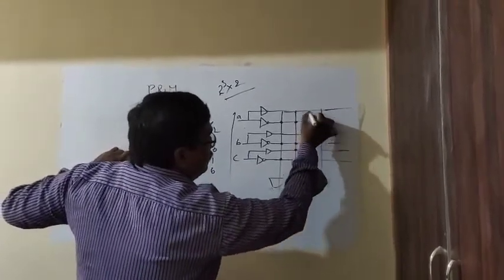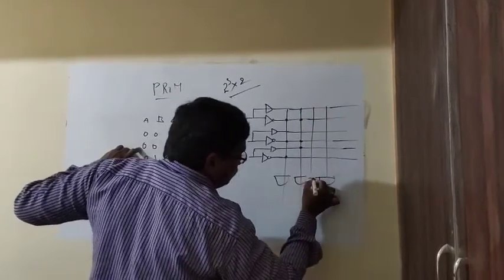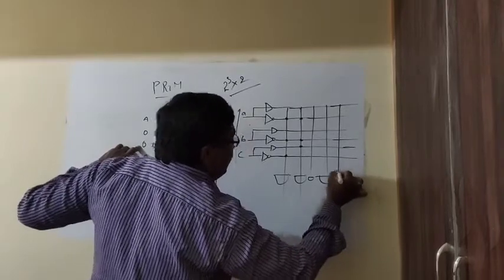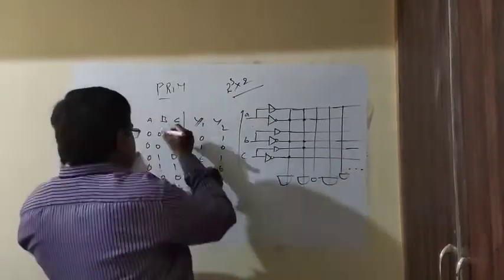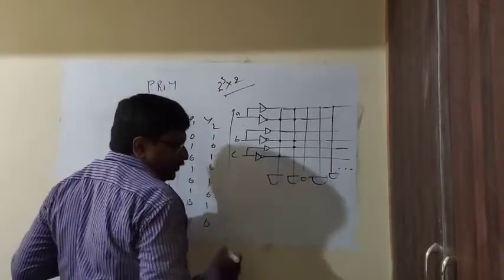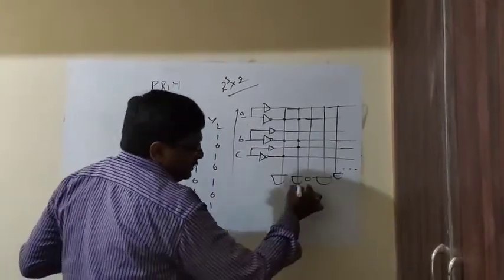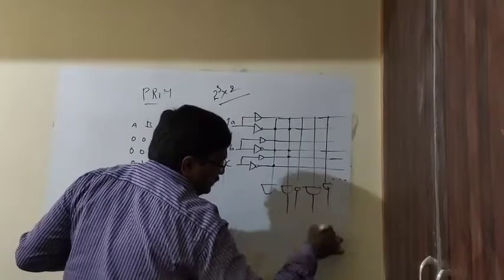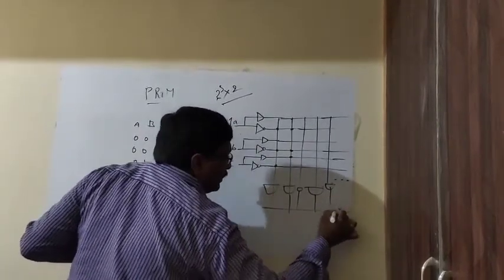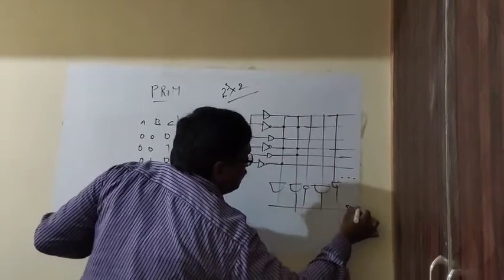Next, I have to take a total of 8 inputs with respect to the 8 possibilities. Each possibility is represented with respect to one AND gate, and these AND gates' outputs are connected to the OR gate, which represents the function of the gate.